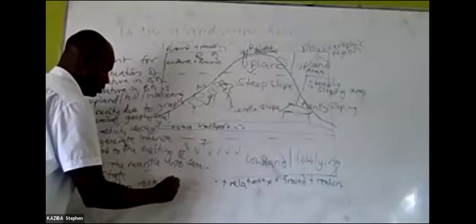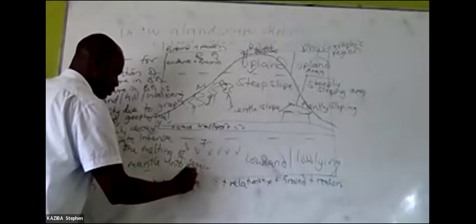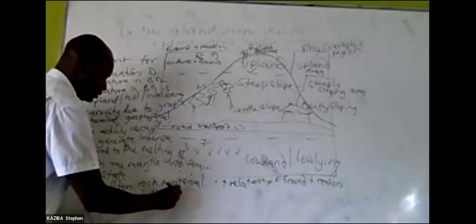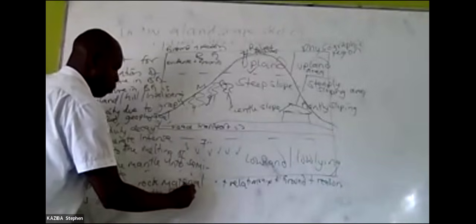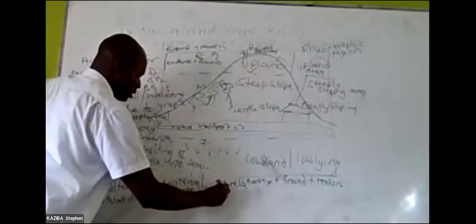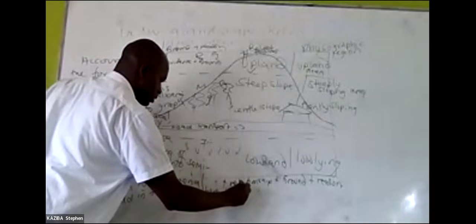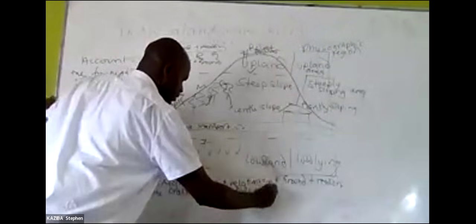Then you say molten rock material is intruded in the cracks where it cools and solidifies.